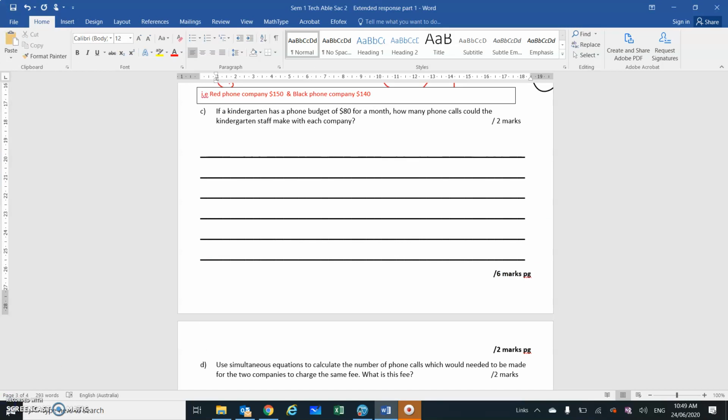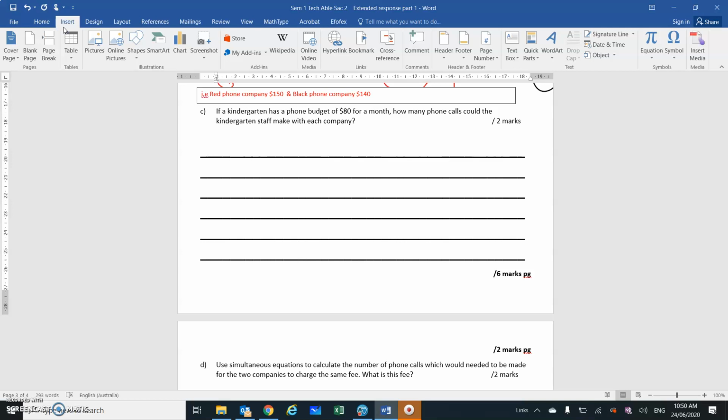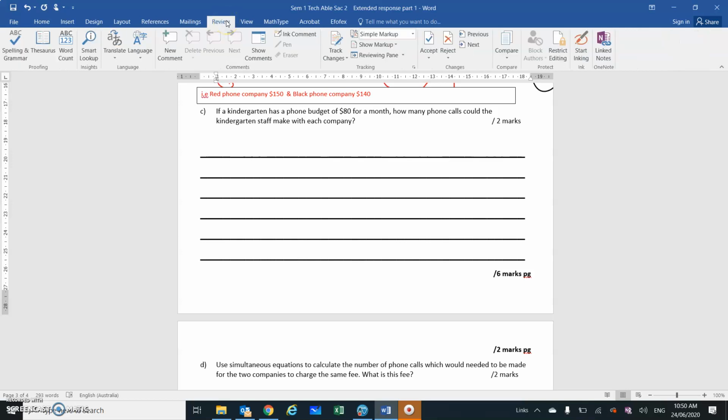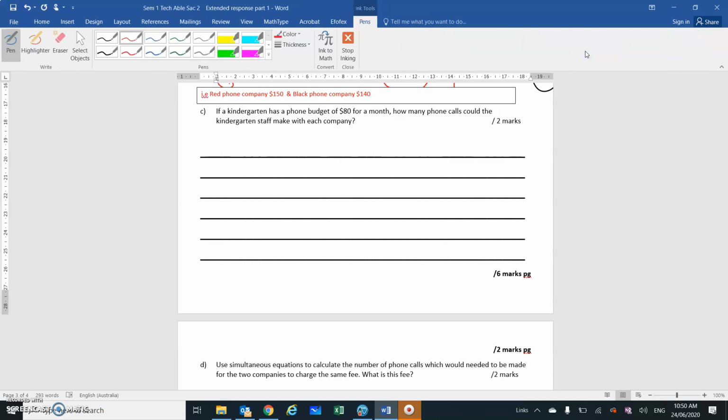In part C, they've asked how many phone calls the kindergarten staff could make if they were given a phone budget of $80 a month. So in this case, you're given the cost and you need to work out the number of phone calls.